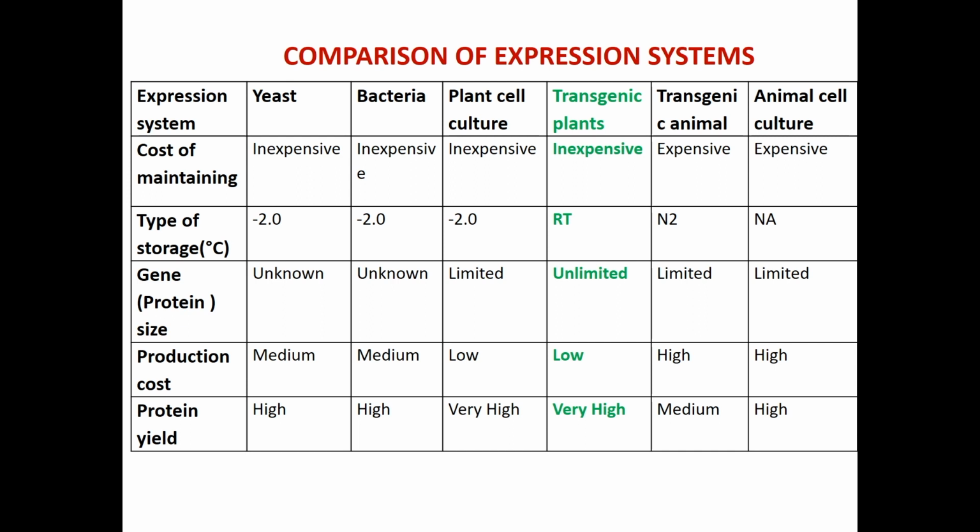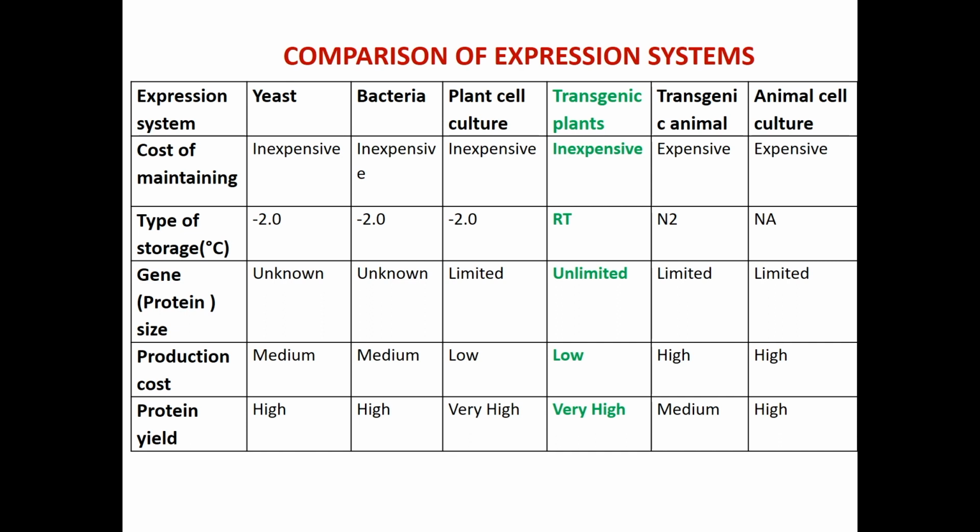It takes time. Then, comparison of expression systems. Here I have shown in this table the advantages, disadvantages and requirements of the different platforms for production of high value molecules. Here we have the 5 major expression systems.